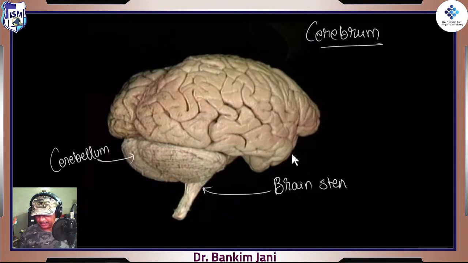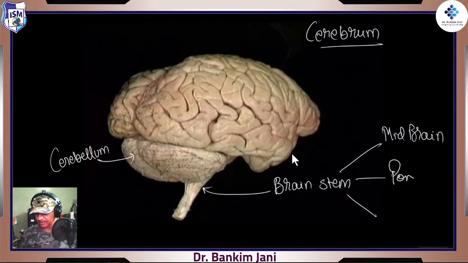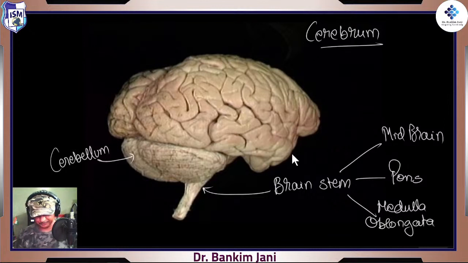In the brainstem, there are three things: the midbrain, then the pons and the medulla. Because it is oblong shaped, it is also called the medulla oblongata, oval shaped. Today there will be lots and lots of interesting names, very, very stylish names.